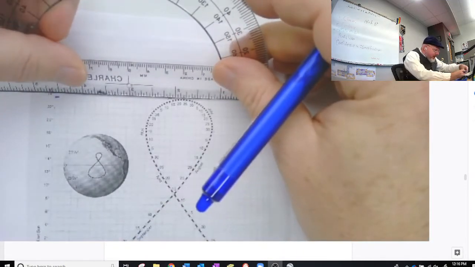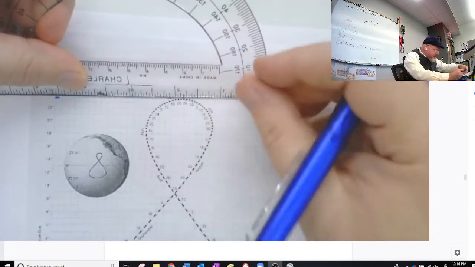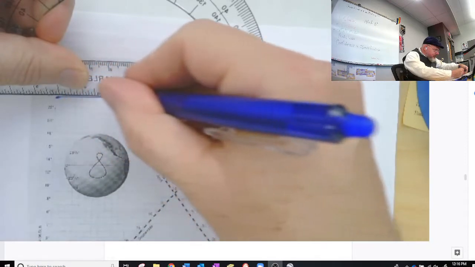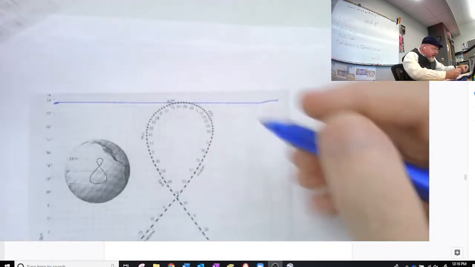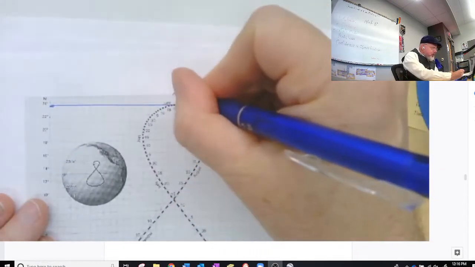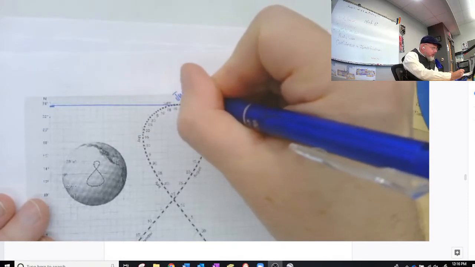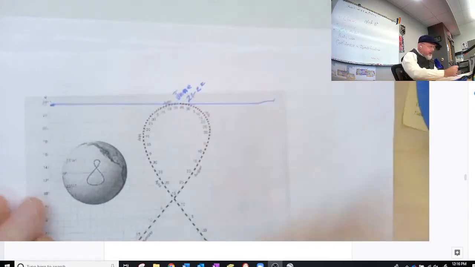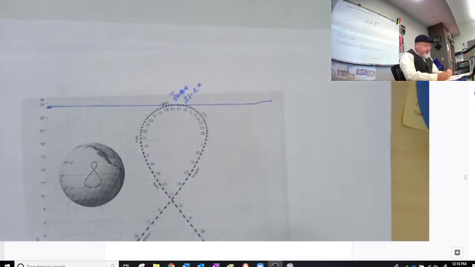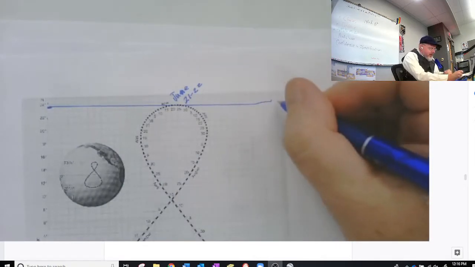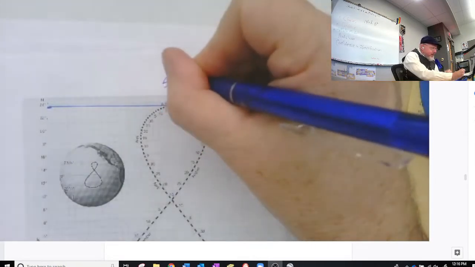Let's see if I can draw a better line this time. There you go. So that's about June 21st, 22nd, somewhere in that range. And that's the summer solstice.